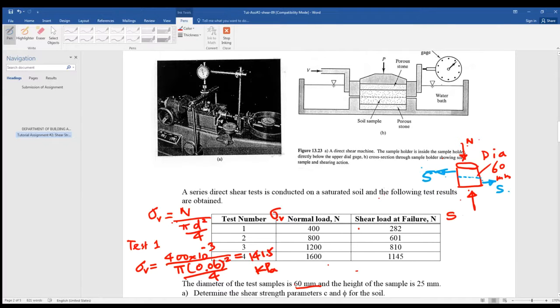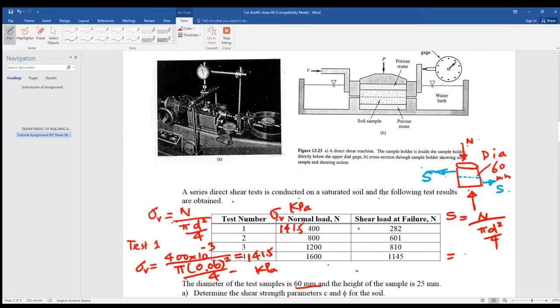Now, what's the shear? The shear equals N divided by, again, pi d squared over 4.